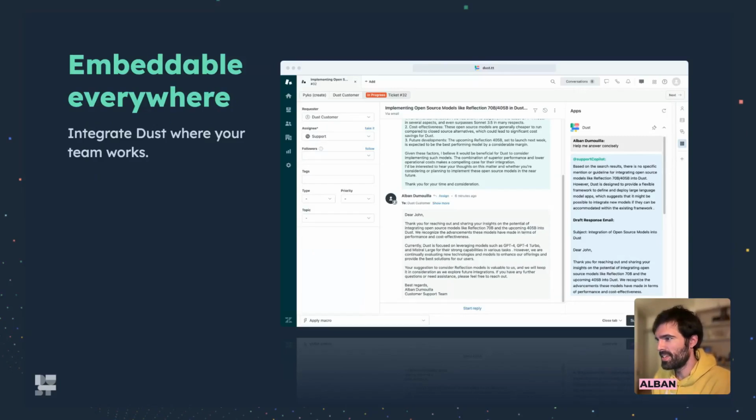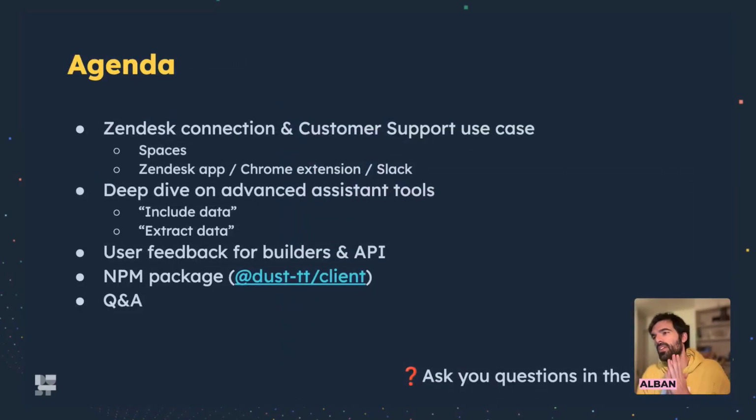Let's see today's agenda. We'll be talking first about how to connect Zendesk, which is our newest connection, and show a little customer support use case, how to put that in the right space and use it through the Zendesk app or the Chrome extension or directly in Slack. Then we'll deep dive a little bit into advanced assistant tools, which are include data and extract data.